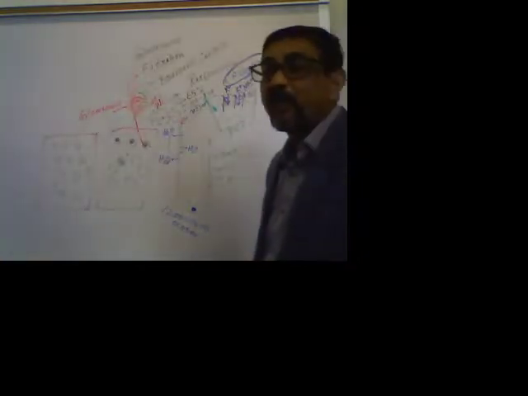Now the fluid enters here in the collecting duct. Last part, collecting duct. And when the fluid passes through the collecting duct going this way, this part is very sensitive to another hormone.